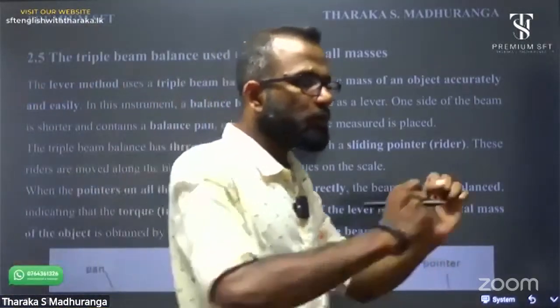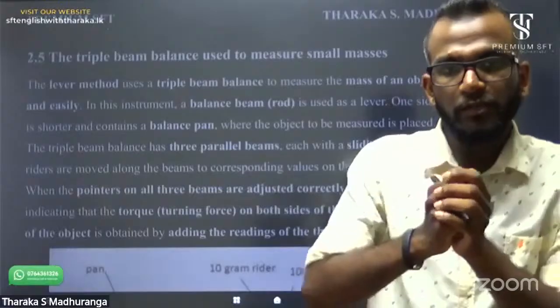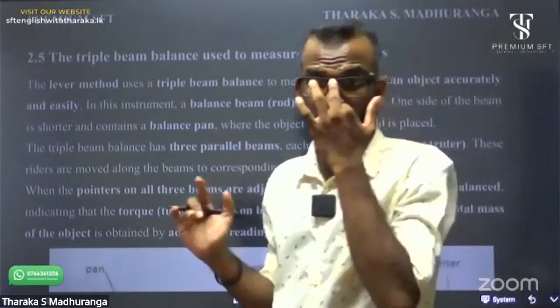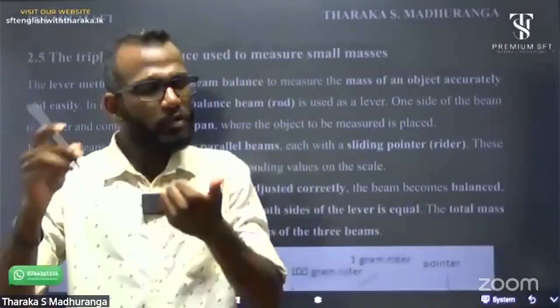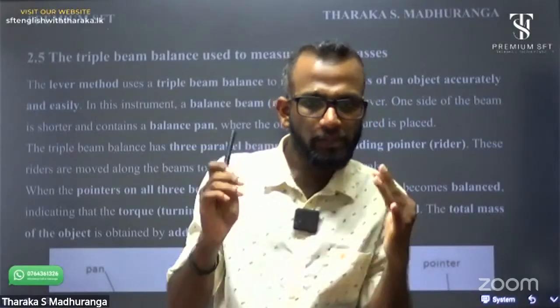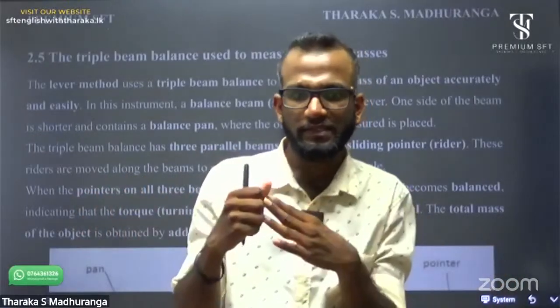Okay, let's move into mass measuring instruments. That means length measuring instruments are completed. What we discussed up to now: meter ruler, micrometer screw gauge, vernier caliper, and traveling microscope are all completed, with all practicals.